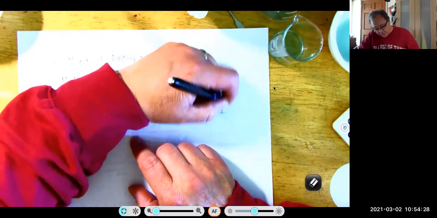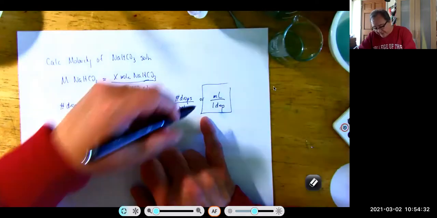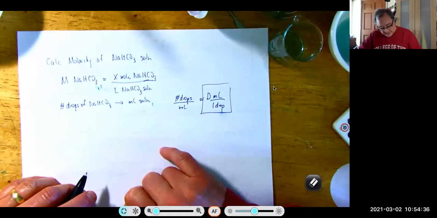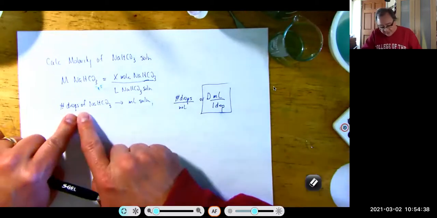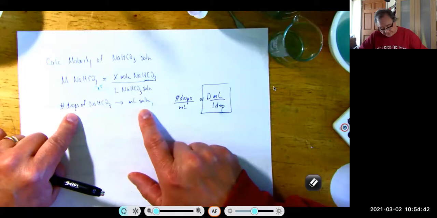Now, this is far more useful to know. So we'll call this D, milliliters per 1 drop, for D and D. Okay, so if you take the number of drops here, you can turn that into milliliters of sodium bicarbonate solution.